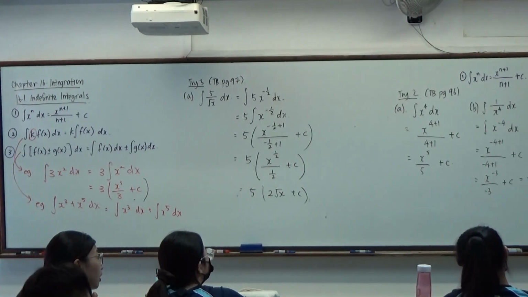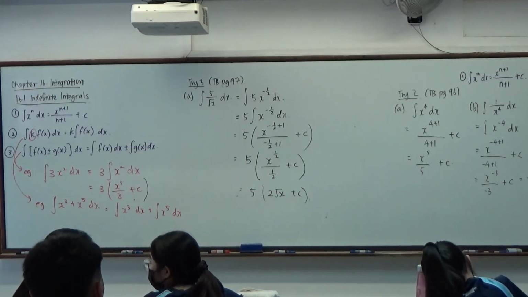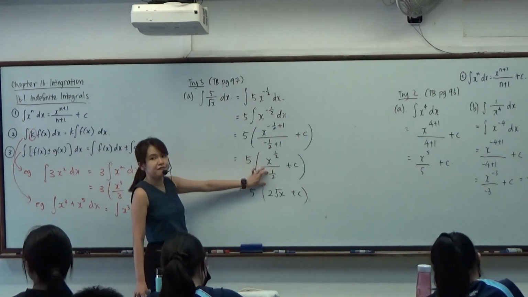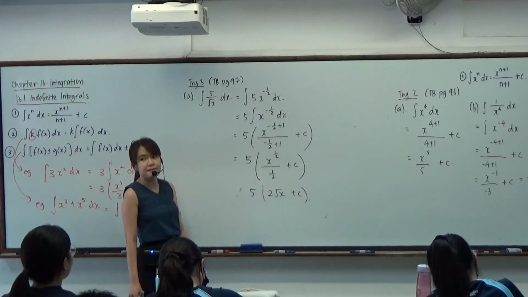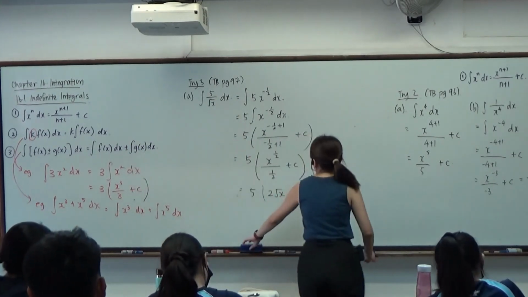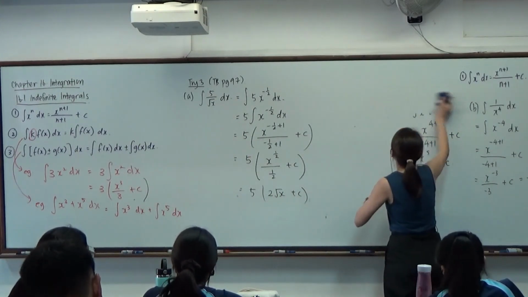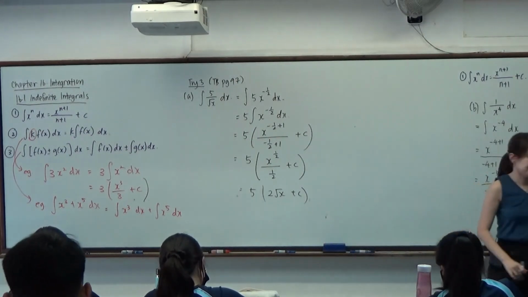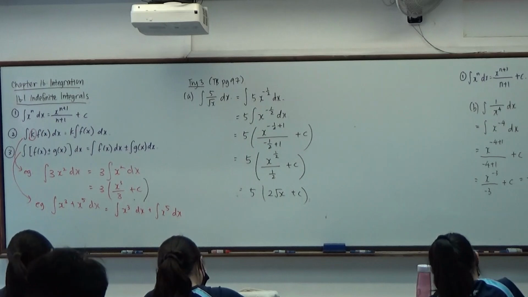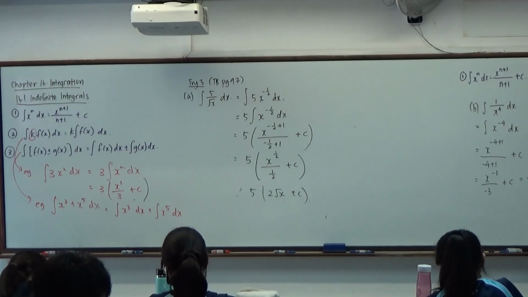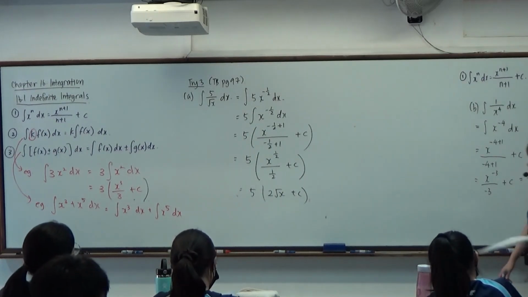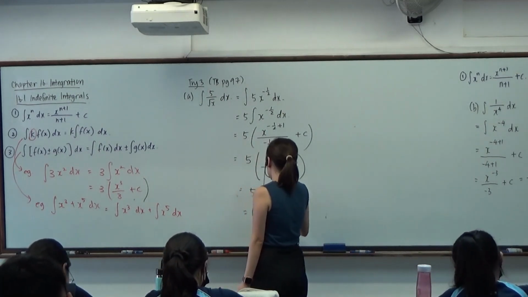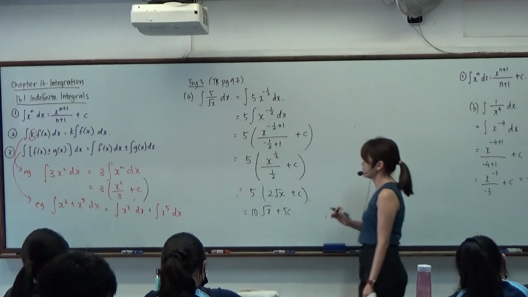So we have 5 times 2 square root x plus c, because this is numerator, divide by half. Dividing by half is the same as multiplying by 2. If you want to expand it, it's also fine. You can write it as 10 square root x plus 5c. That's also okay.